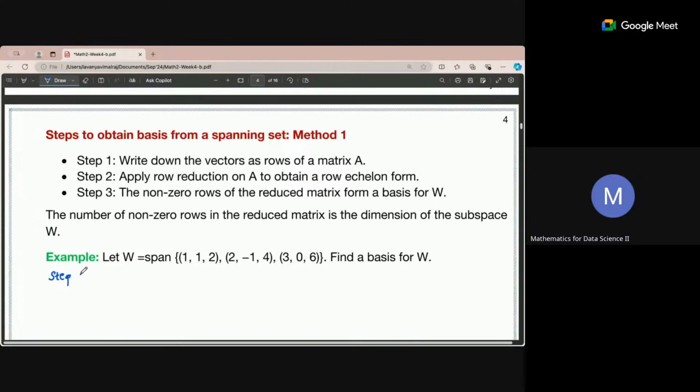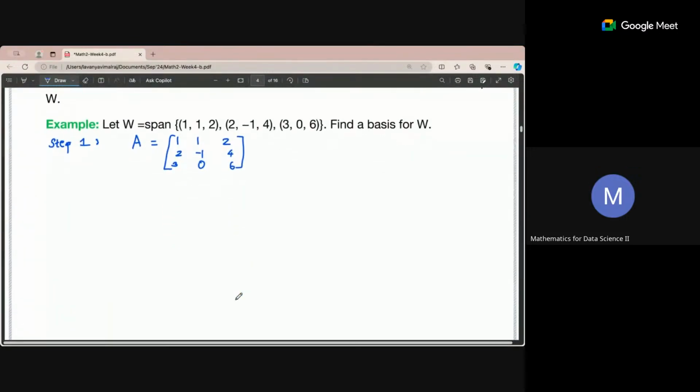Yes, we form the matrix A. So we write A as 1, 1, 1, 1, 2, 2, 2, 2, minus 1, 4, minus 1, 4, and then 3, 3, 0, 0, 6, 3, 0, 6. The next step is that we apply row reduction.